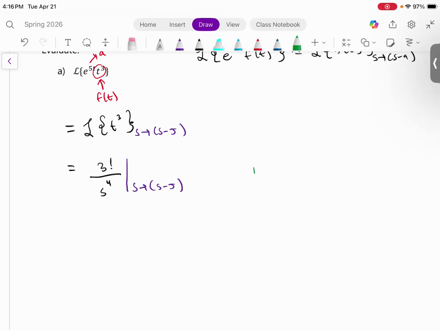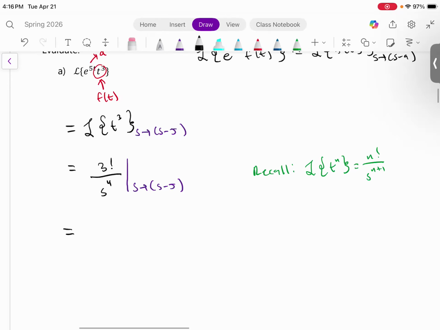Just in case, recall the Laplace of t to the n is n factorial over s to the n plus 1. So 3 factorial is 3 times 2 times 1, so that equals 6.